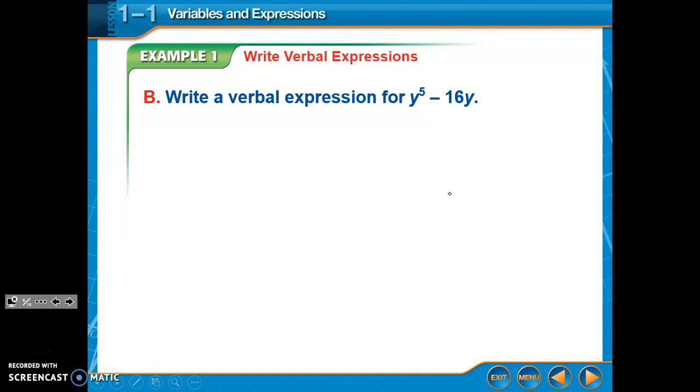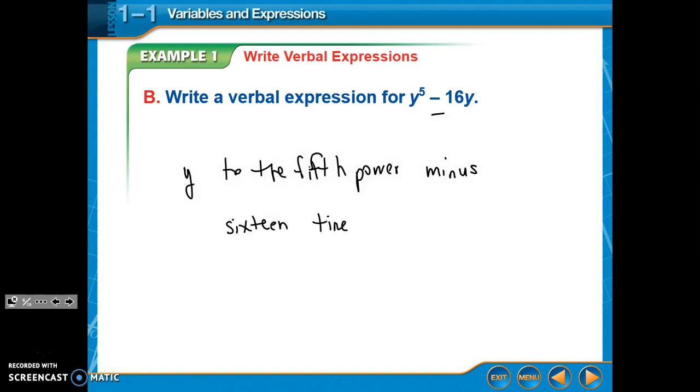We also want to write something a little bit more complex. So here, this is a subtraction thing, right? So I can say that this is y to the 5th power and then this is minus, and that is 16 times y.